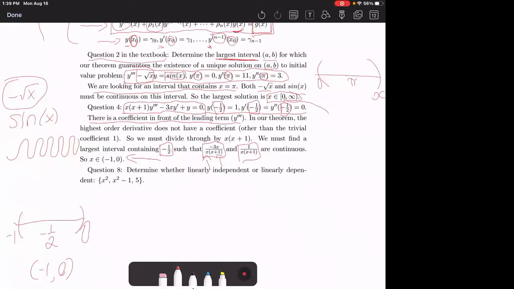Okay, question 8. This is where we're going to move on to linearly independent and linearly dependent stuff. So something in differential equations that we didn't get to in this course, but you may in the future, is the idea of the Wronskian. We introduced it a little bit, but we're not actually going to go into any questions about it.